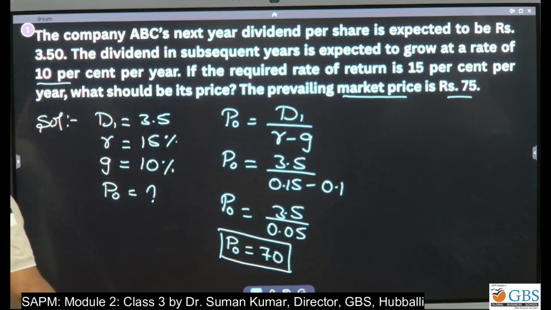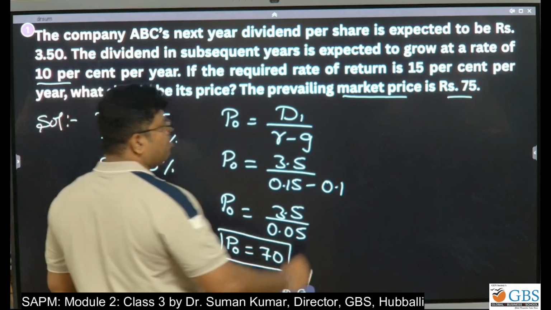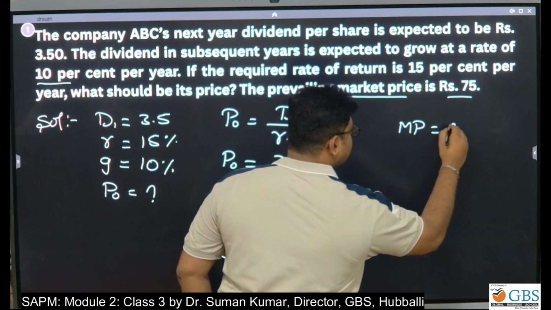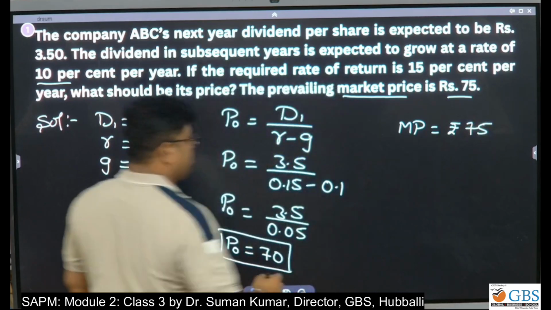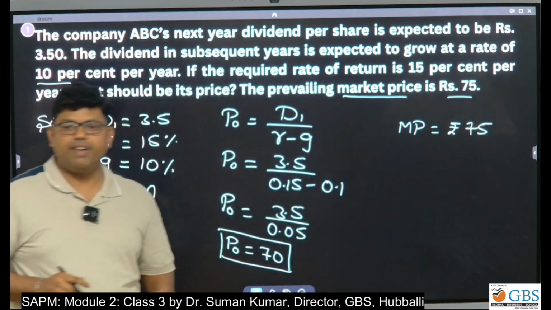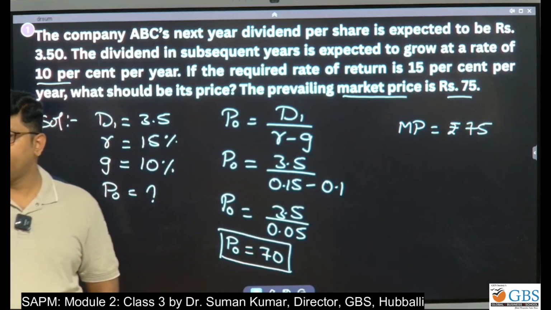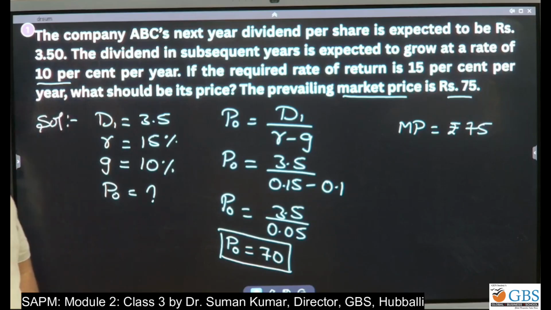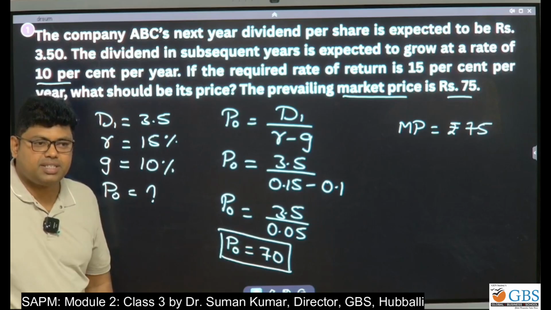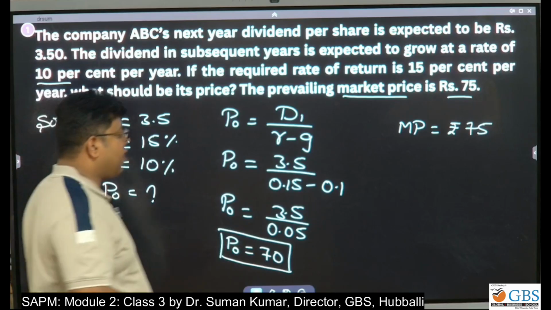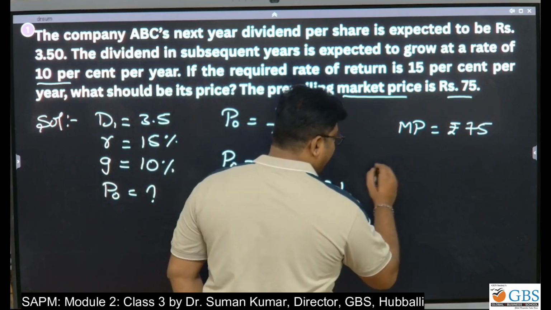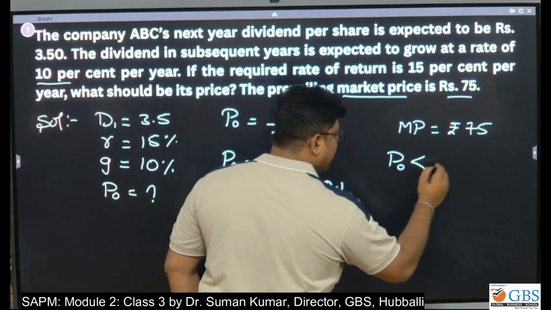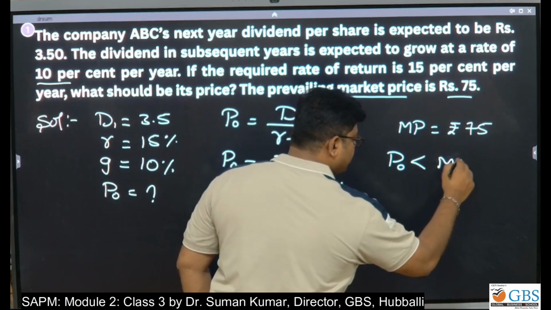Now the market price is rupees 75, but the calculated value is 70. So what are you going to do? What is your plan of action? Market price is 75, calculated value is 70. The calculated value, intrinsic value, whatever you call it, I call it P naught, is less than the present market price.